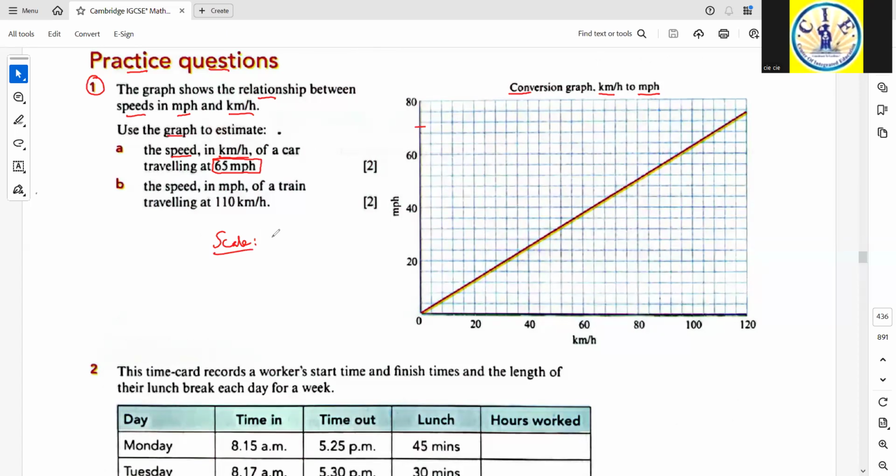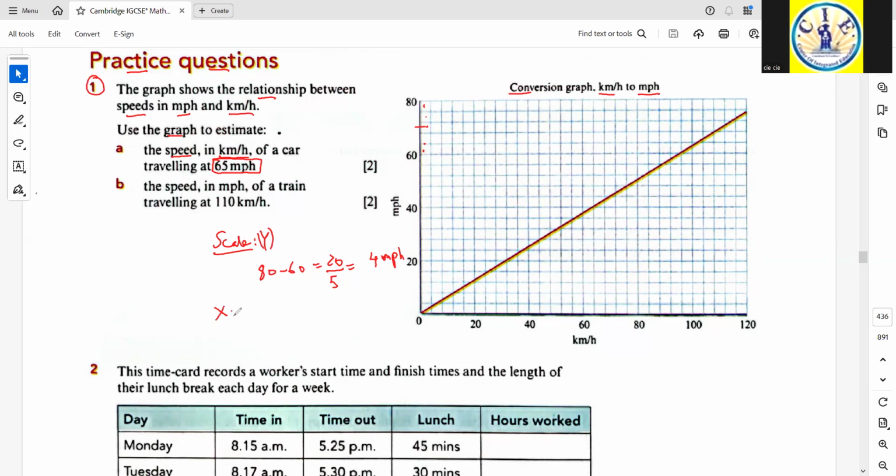So along the y-axis, we can see that 80 minus 60 is 20. 1, 2, 3, 4, 5. So this 20 is being divided into 5 small squares. So each small square is 4 miles per hour along the y-axis.